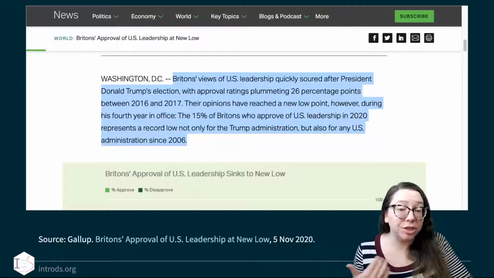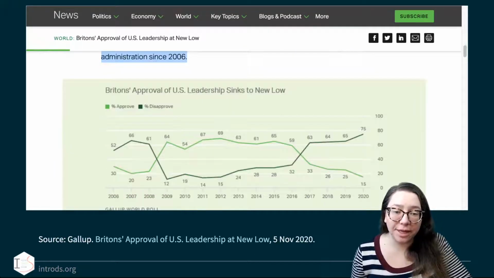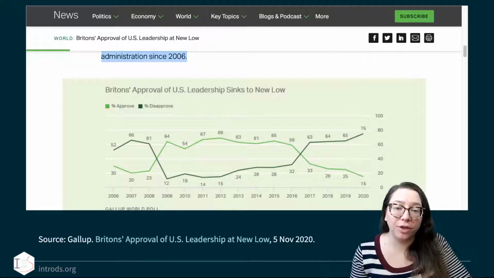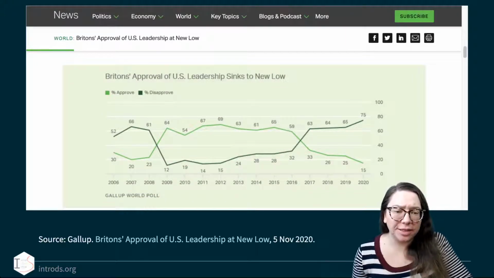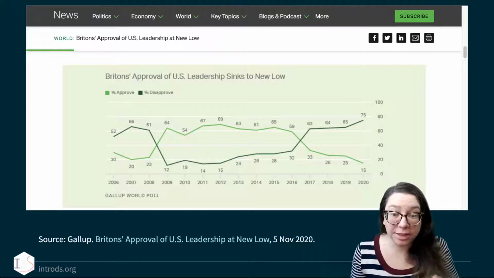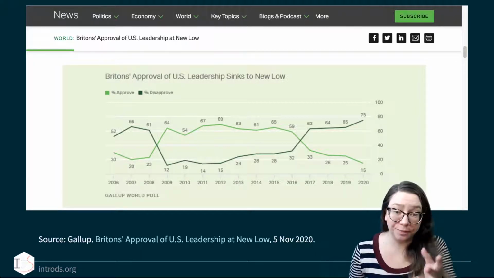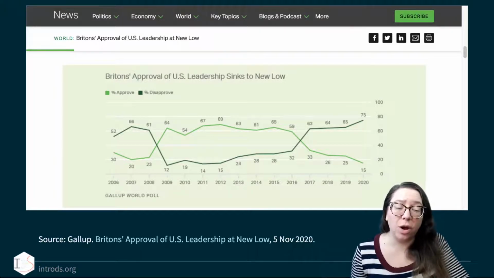The opinions have reached a new low point, however, during his fourth year in office. So it says that 15% of Britons approve of US leadership. We can see this value over the years, and this is the 15% that they wrote this article about, because it is strikingly low, almost at an all-time low compared to all other years.